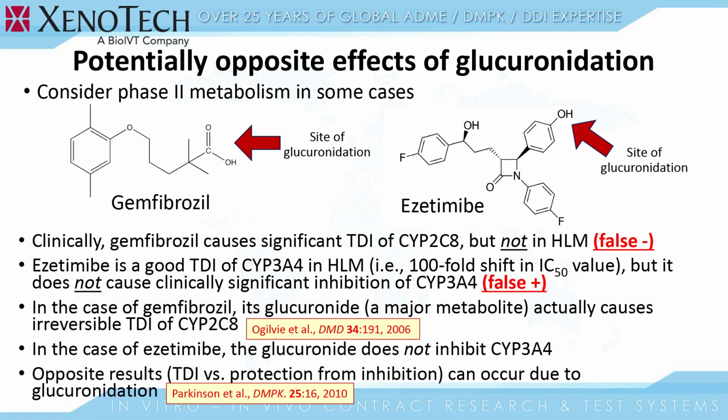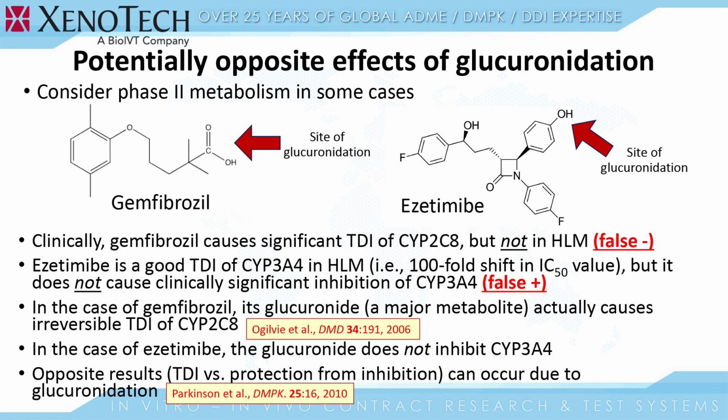Again, these examples, one of them is with gemfibrozole and the other ezetimibe. Gemfibrozole, which I just discussed in the last slide, has an acylglucuronide metabolite that's a time-dependent inhibitor of CYP2C8, and this is observed clinically. However, this inhibition is not observed in vitro with gemfibrozole when it's incubated in human liver microsomes and only considering CYP metabolism.